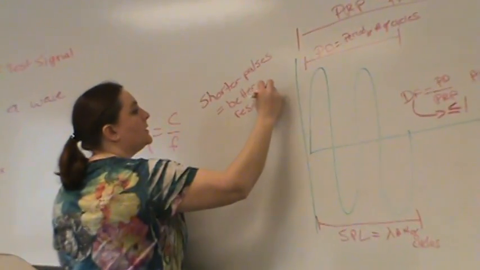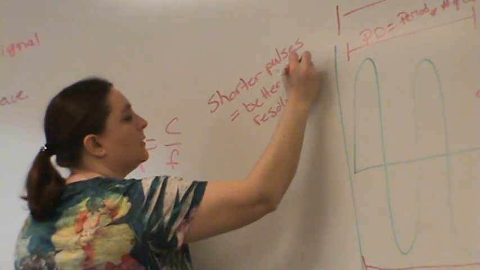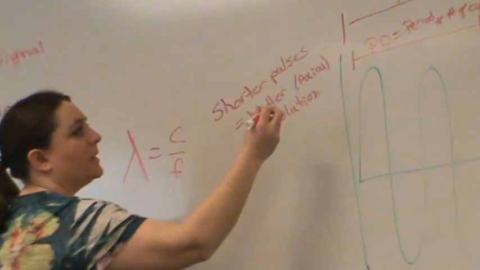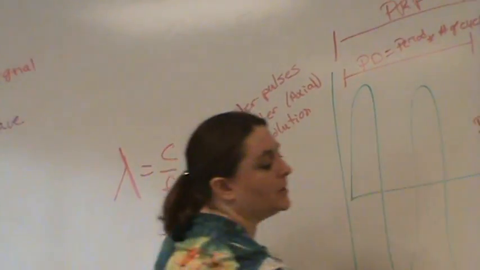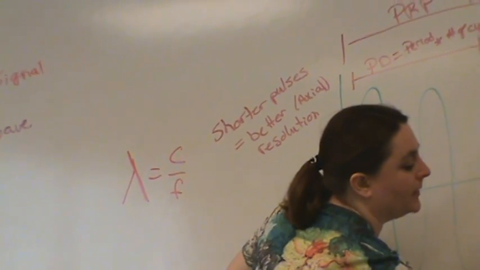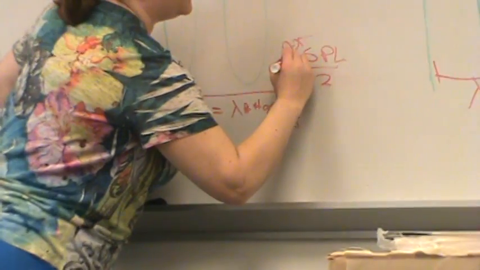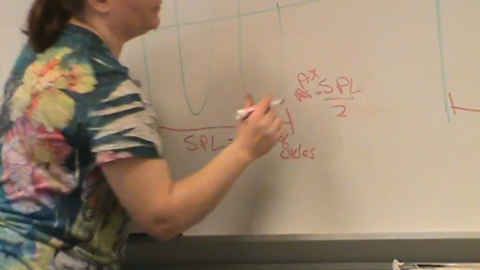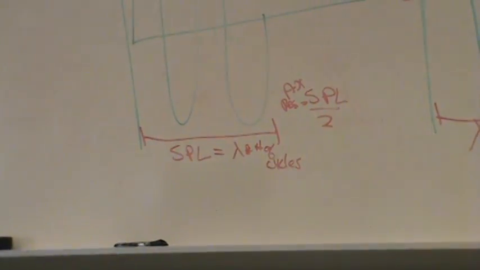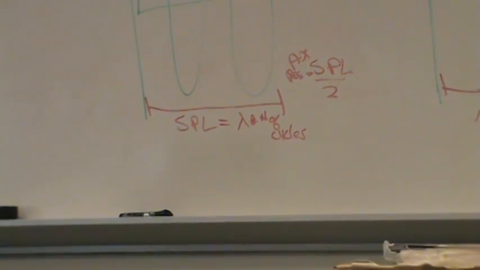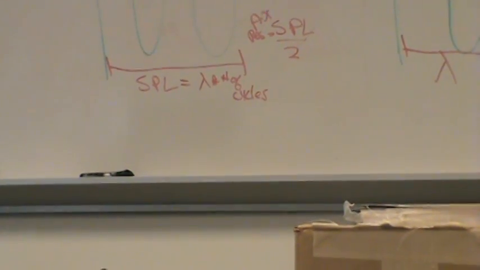And primarily this is axial resolution. We know that axial resolution is spatial pulse length divided by 2, right? But shorter pulses also help improve lateral resolution, and higher frequencies help improve lateral resolution too. But it's primarily axial resolution, we know that.